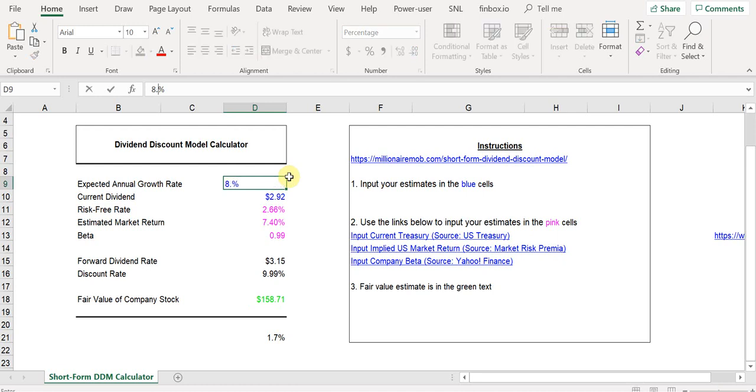Just to show you exactly how sensitive this input is, if we go to 8.25, that brings us to a value of 181.97. If you go to 8.5, you're at $213. So let's go to, I think 8.25 is actually not unreasonable.